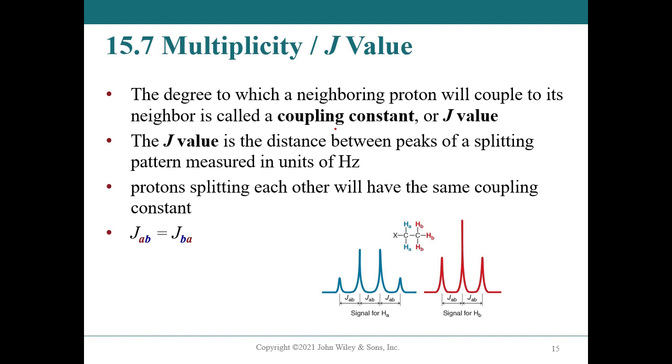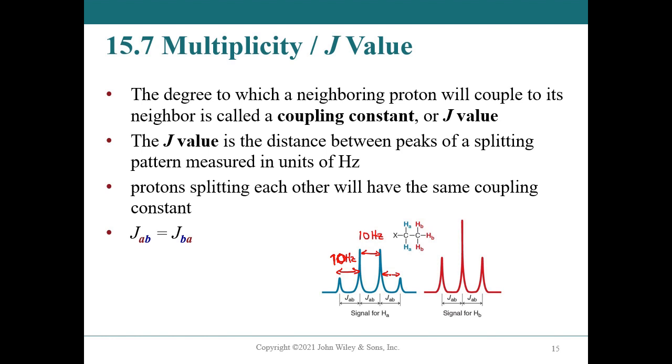So if this distance measured in hertz is 10 hertz, that means the other ones are also going to be 10 hertz. We will have 10 hertz between these, and again between those.